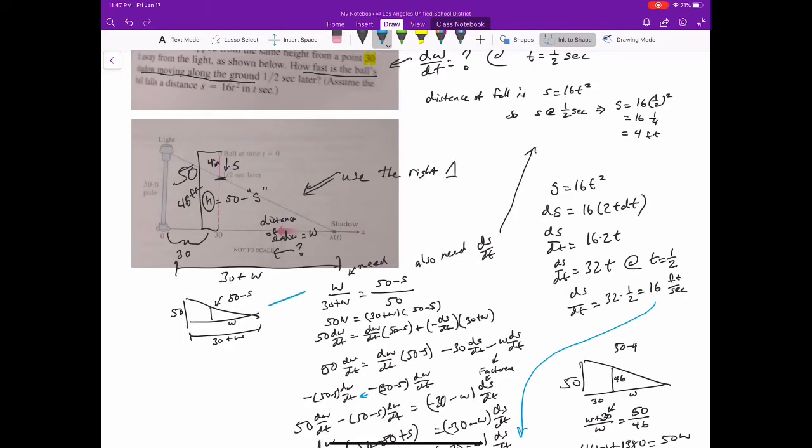So we set up the little triangle as related to the big triangle side: W over 30 plus W. And that's related to the other side, the short over the long, so that's why I wrote 50 minus s, divided by 50.